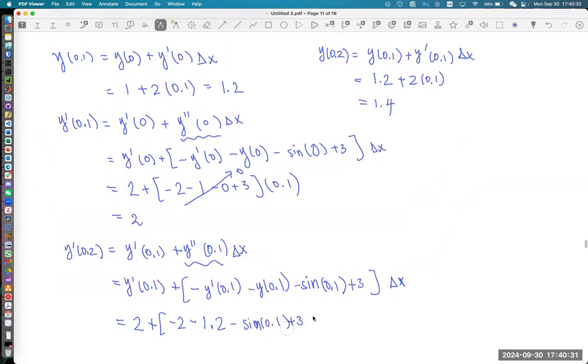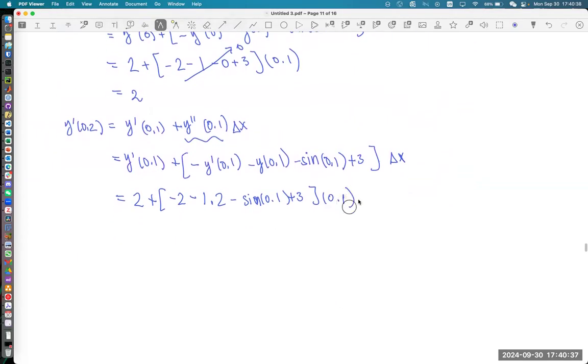Plus 3 times 0.1. Okay, so if we want to simplify this, this is 2, this is minus 3.2, plus 3 is 0.2. So 0.02 minus 0.1 sine of 0.1. And we can simplify this further.